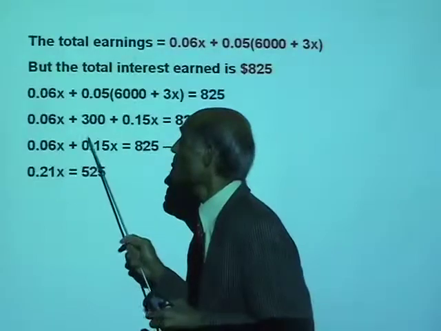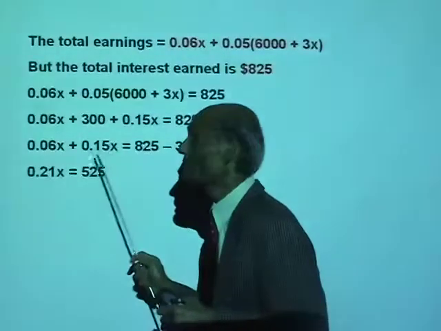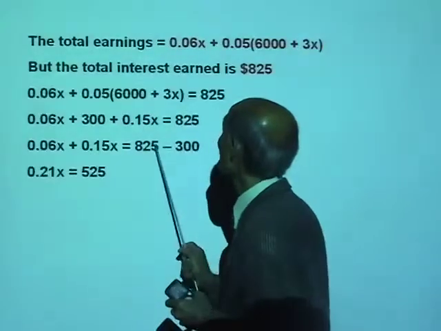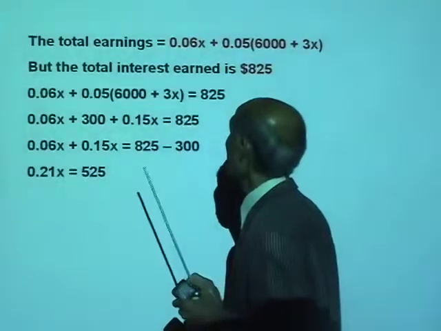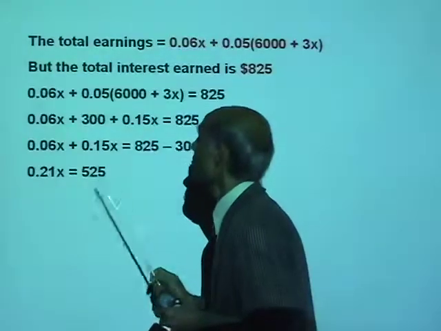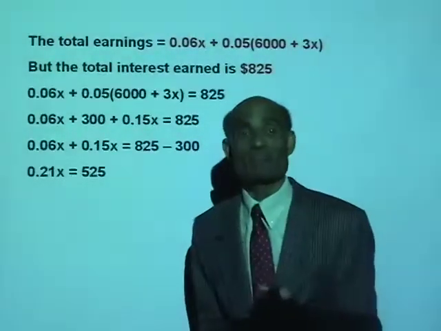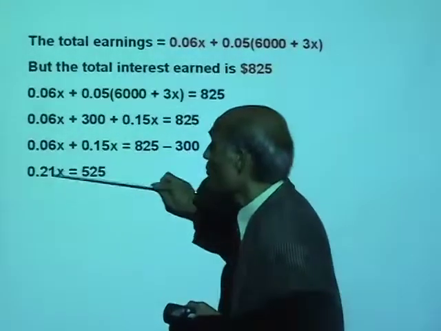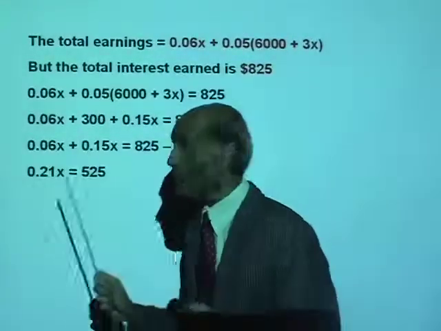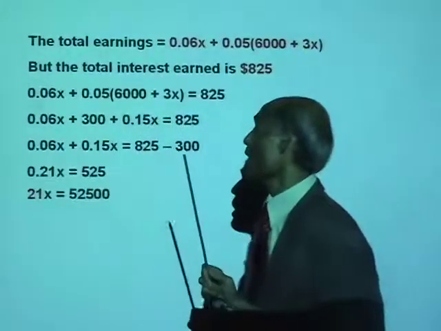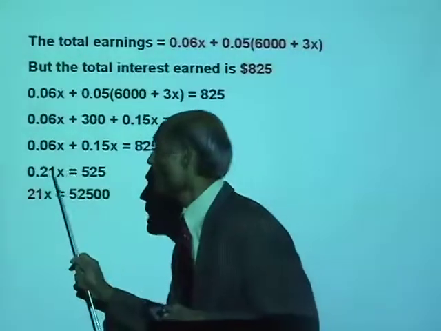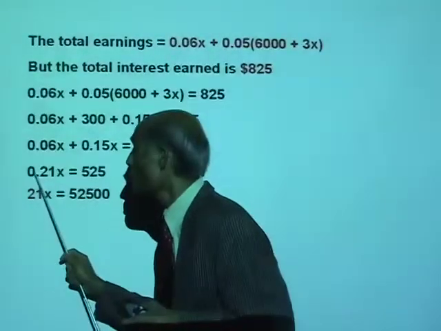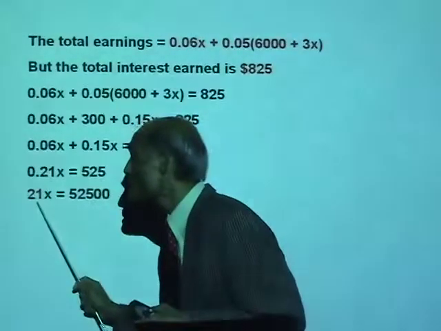0.06x added to 0.15x is 0.21x. And that's equal to 825 minus 300, which is 525. Well, see, that simplification made it easy for us now. Now we have to make the decimal a whole number. What did I do? I multiplied the left-hand side by 100, so 0.21 became 21.